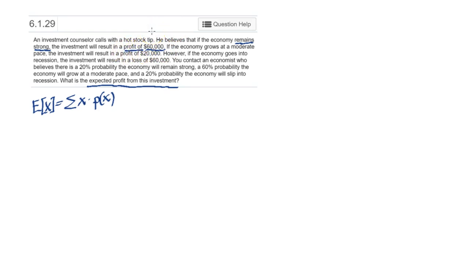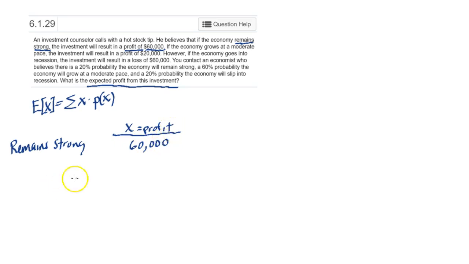And so we have one possibility, which is remain strong. And this results in, we'll call this a value x for profit. So it's going to result in a profit of 60,000.